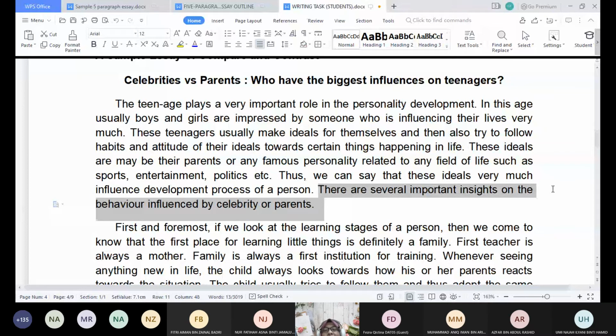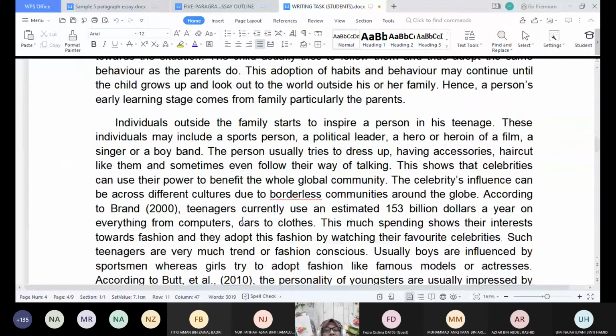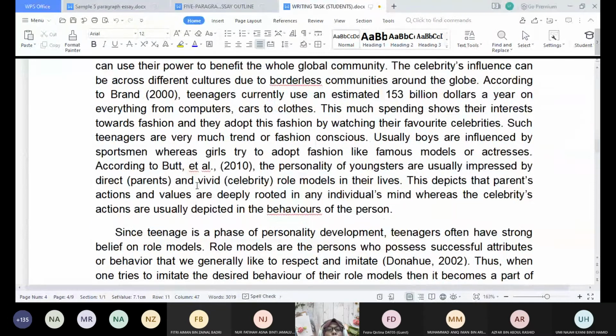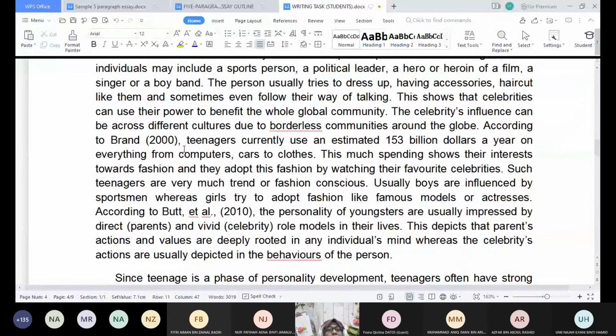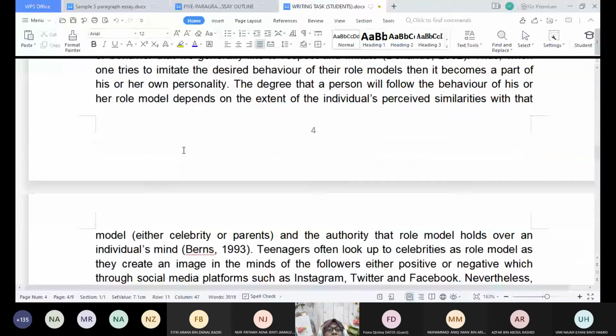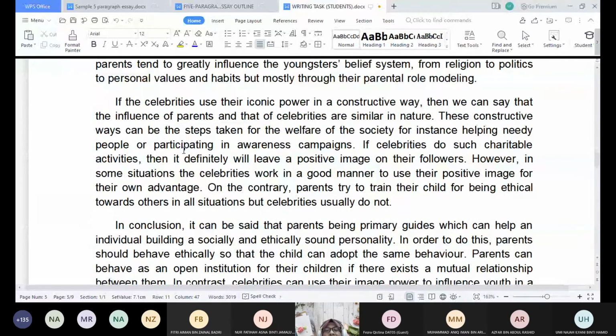Can you see the thesis statement here? Yes, madam. So you can write something like this as a thesis statement, and then the first point, first and foremost, and so on. So how many paragraphs are here? 1, 2, 3, 4. This one is 4, but long.